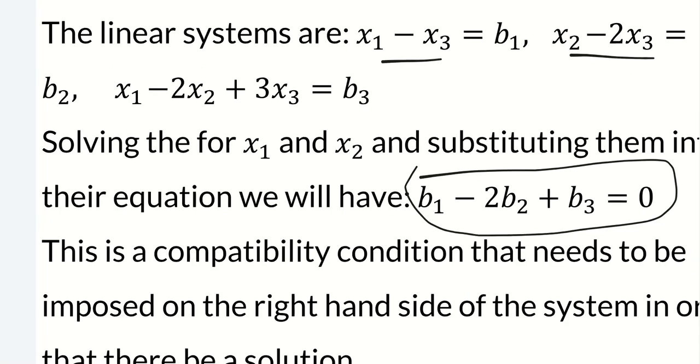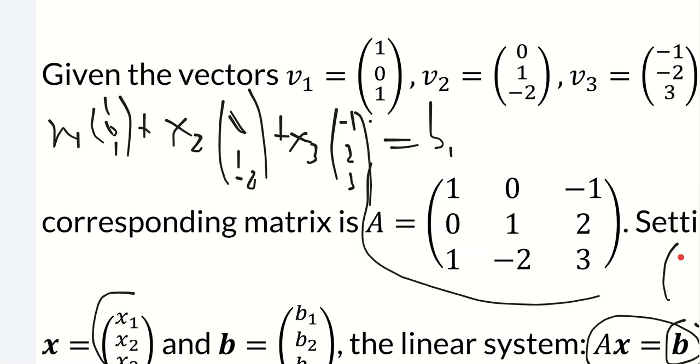So it's supposed to be 1, minus 2, then 1 for the B, right?